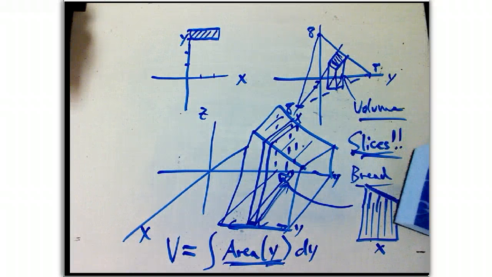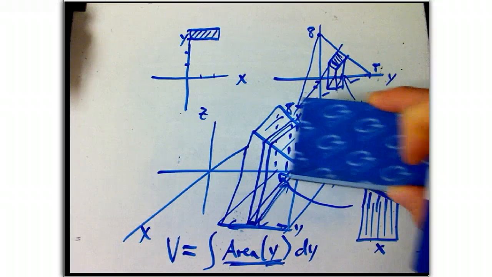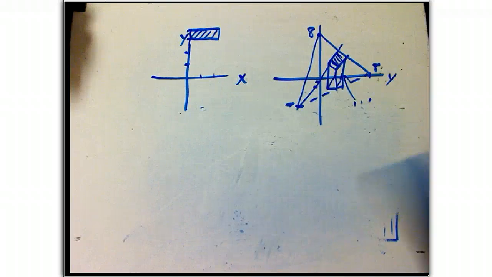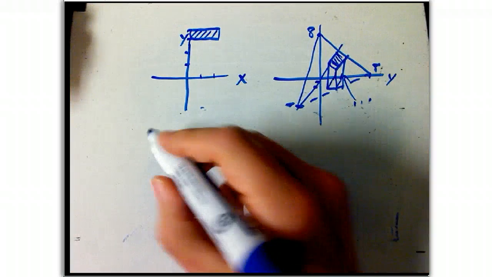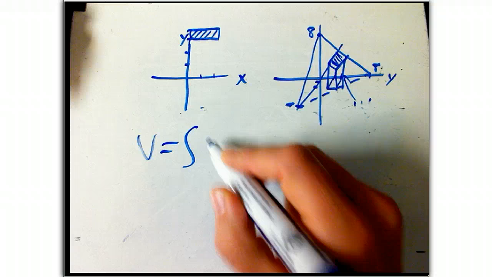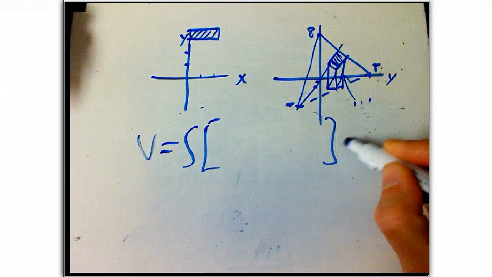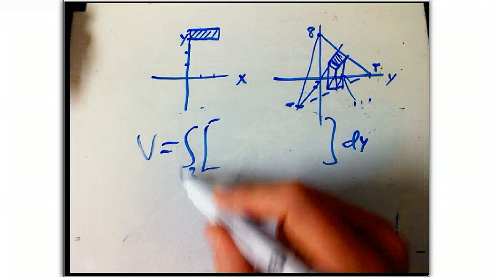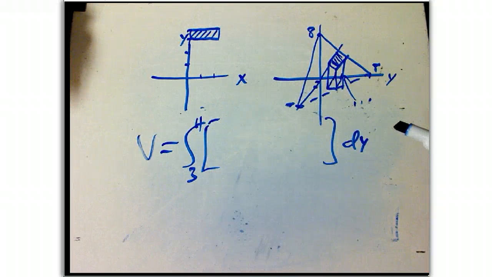Okay, so again, I don't have a lot of room. I don't want to kill my good picture. Okay, so the volume is going to be the integral in dy. Now, what are the limits in y? Well, we just look at our floor plan. That's 3 to 4. Those are the applicable y's. Then, remember, I'll just put it right over here, this picture.